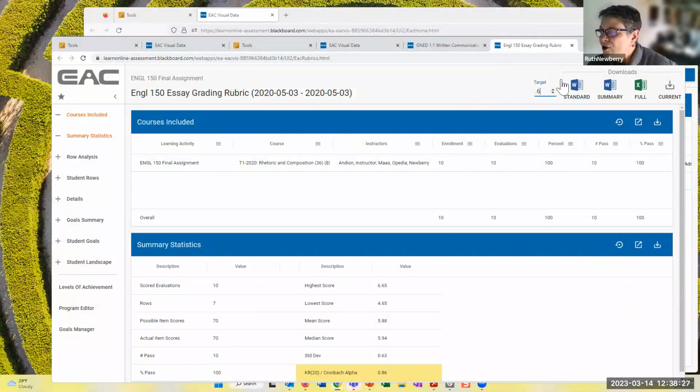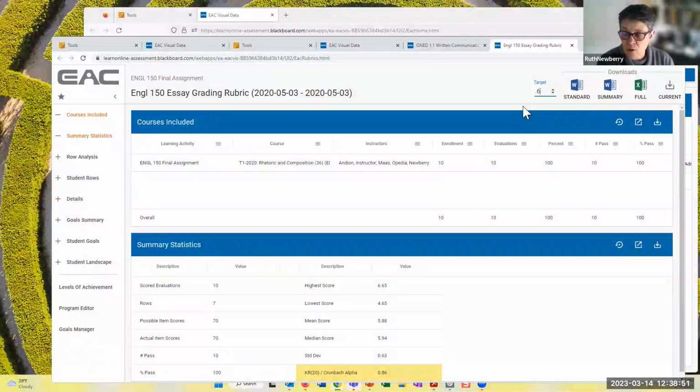So this allows you to think about how many of your students are meeting what you would like to see as that level of competence, and you can adjust it. This only happens here. It does not do anything to that rubric and those scores in your grade book.